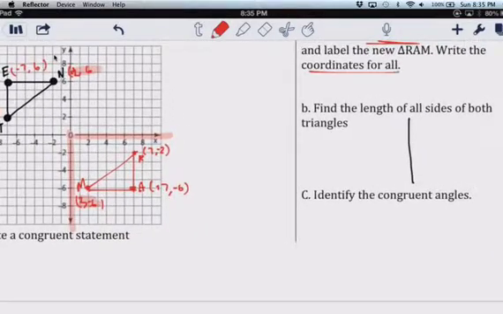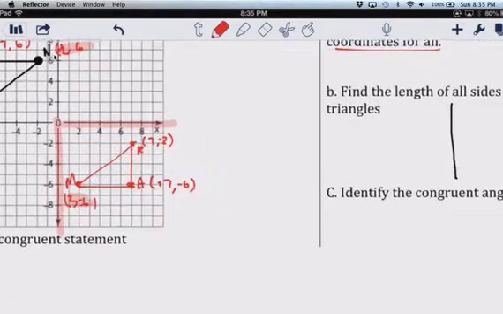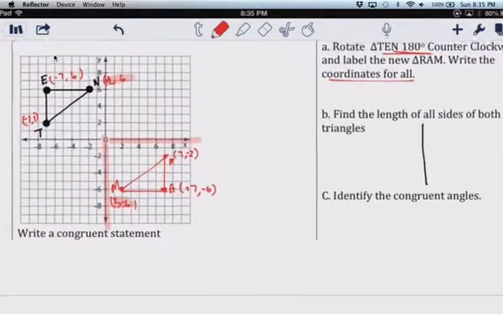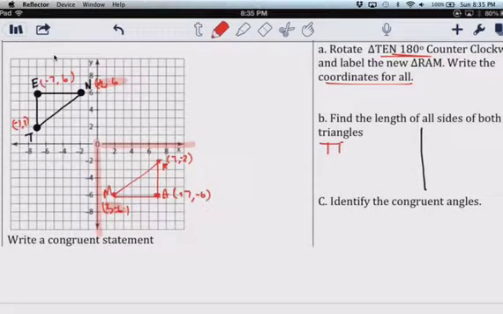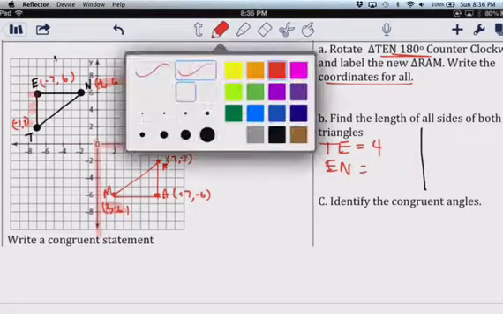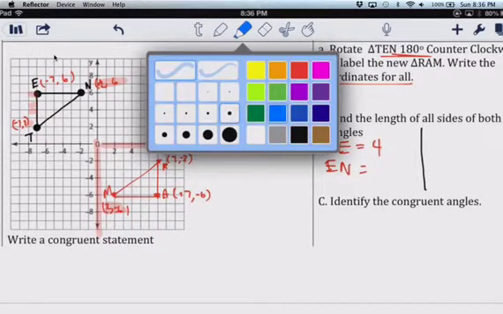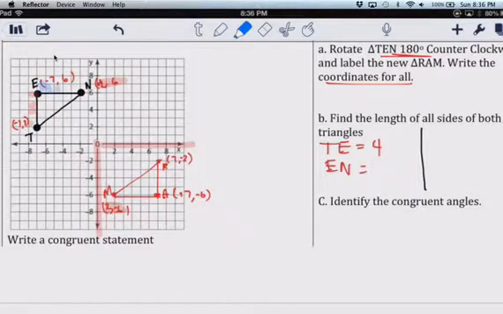Okay, and then write the coordinates for all. We did that on the graph. Okay, so we can say TE is equal to 1, 2, 3, 4, is 4. EN is equal to 1, 2, 3, 4, 5, 6. 6.